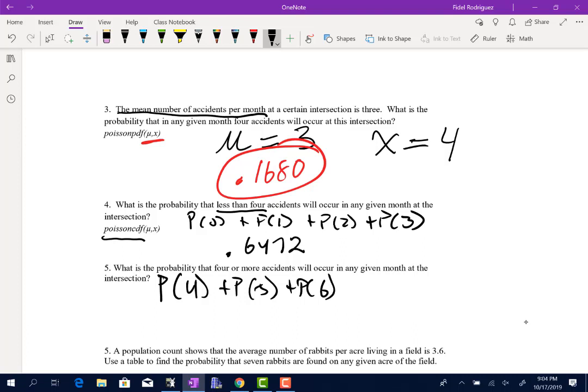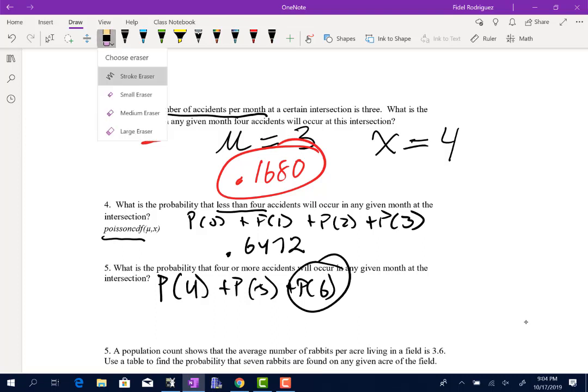Could there be 100 accidents in 1 month? Could there be 500 accidents in 1 month? Okay, so should I stop at 6? No. I would have to keep going for how long? Forever, right? And so we can't do that, right? Because when are we going to stop? We don't know.